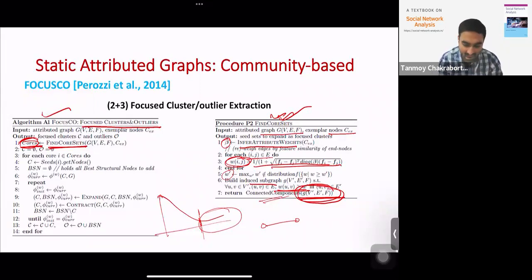And then this process is very tedious, right? What basically they do is they take one connected component. You have many connected components. You take the first connected component and try to expand it, to check whether other nodes present in the graph are qualified to be added to the connected component or not.